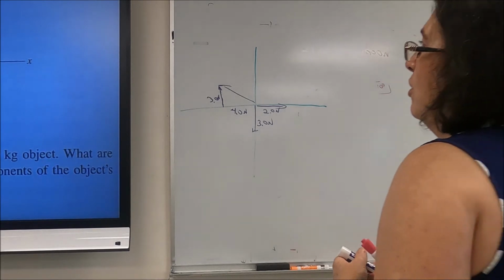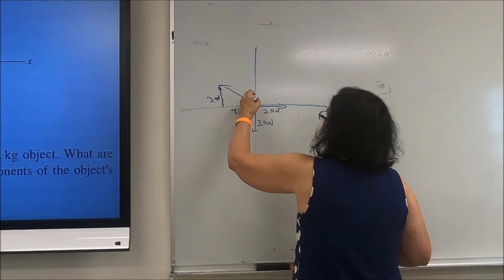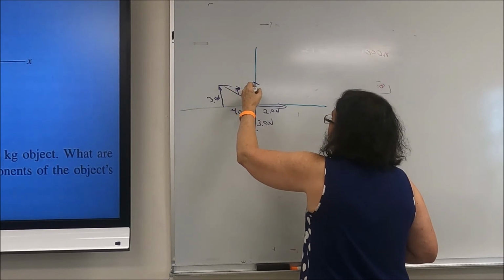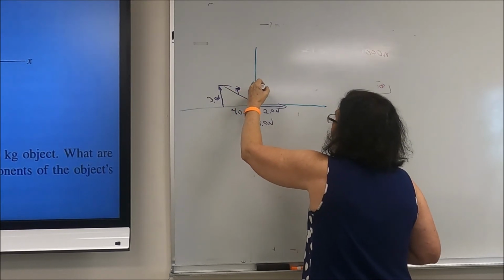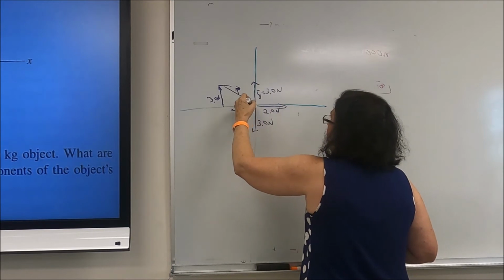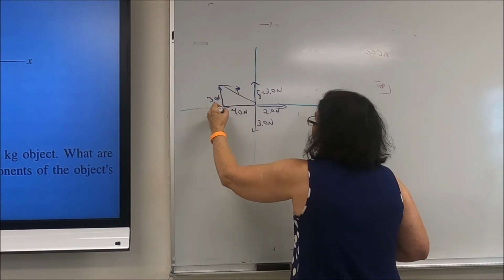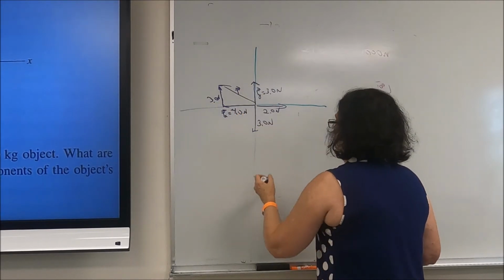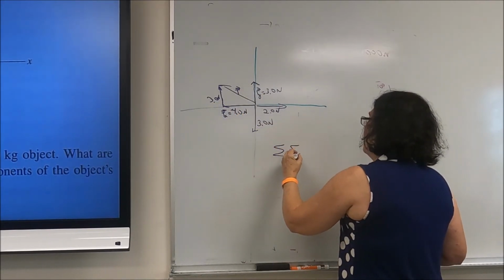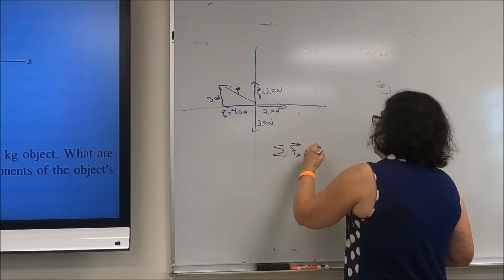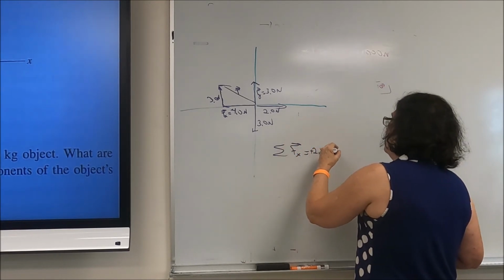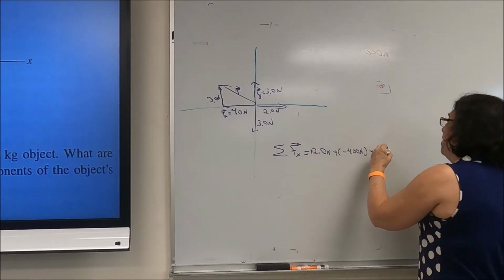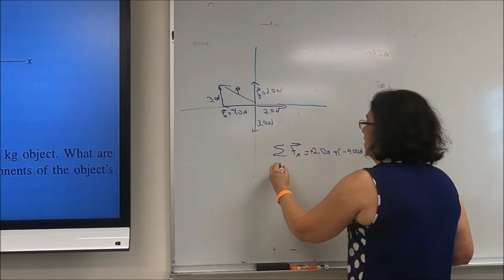One of the things I want you to notice in this original drawing is they were very sneaky. If I called this a force T, they gave us Ty was 3 newtons, and they gave us Tx is equal to 4 newtons. So if I did the sum of the forces in the x direction, I'd have a plus 2 newtons plus a minus 4 newtons, which would sum up to a minus 2 newtons.